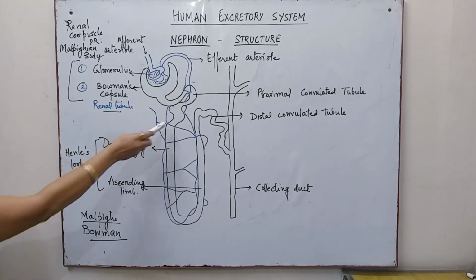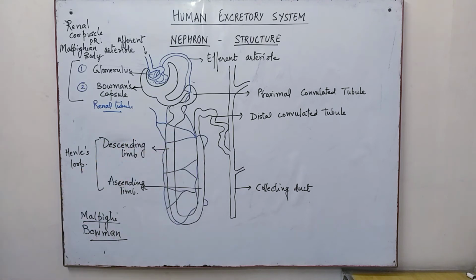has a terminal end that is less convoluted, and the cells present in the PCT are simple cuboidal brush border epithelial cells. The cells are specialized for absorption and secretion.